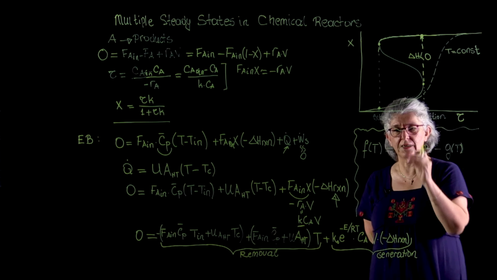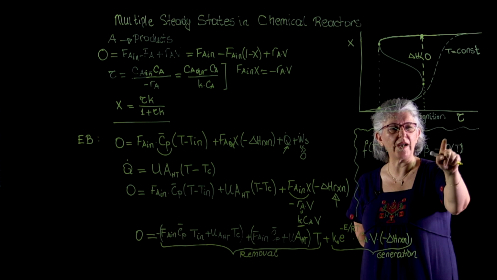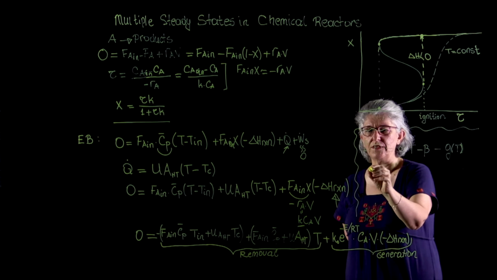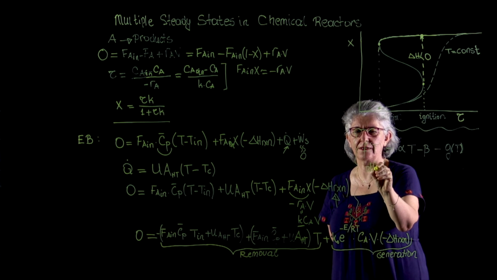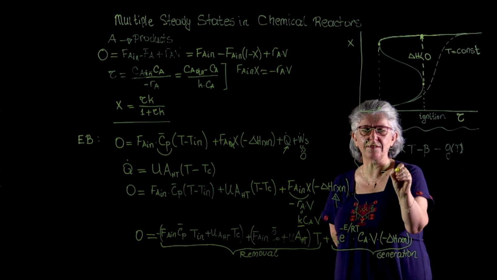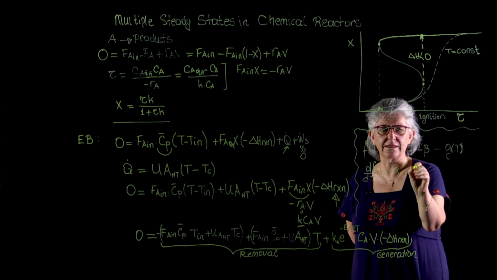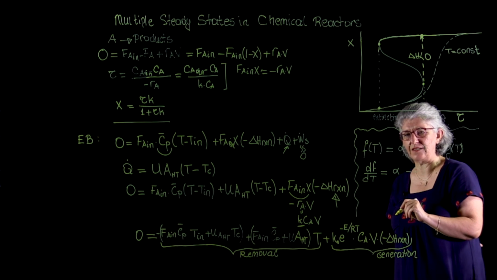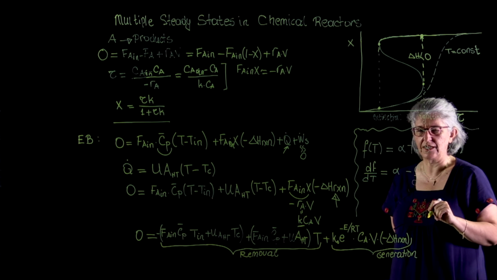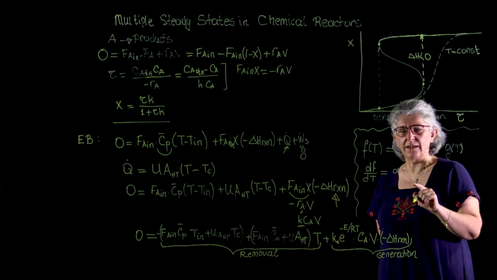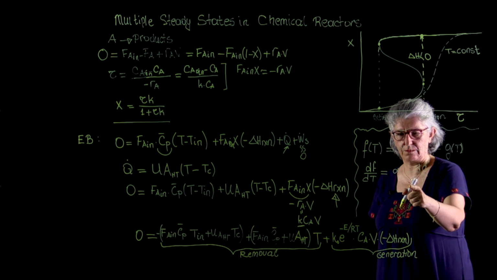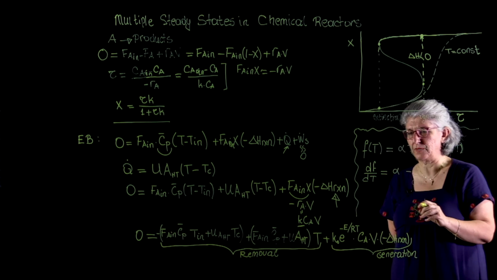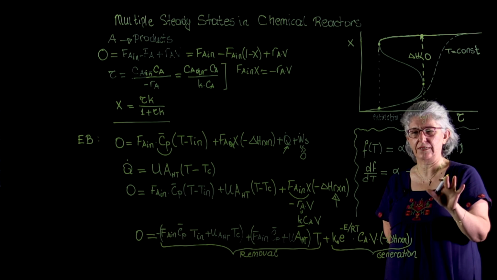Under which conditions? Under the conditions that the maximum value of dg/dT is going to be smaller than alpha. How do we know that? We are going to take the derivative of f with respect to T. That leaves us with alpha minus dg over dT. Here we presume that f and g are only a function of temperature, and therefore we deal with total derivatives. Now, if the maximum of this term is smaller than alpha, this whole group is going to be converging to some numerical value.